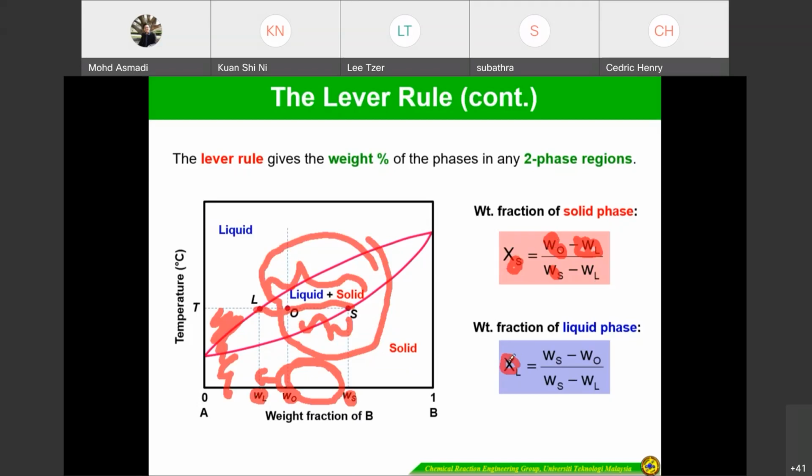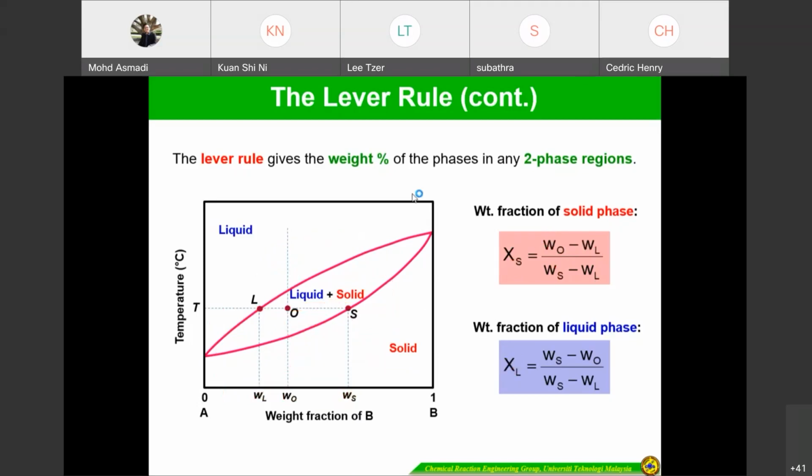Similarly also for XL: WS minus W0. Sorry, just now this one you minus WL, you get this one. This is XS, this is XL. So that is how you calculate the fraction.